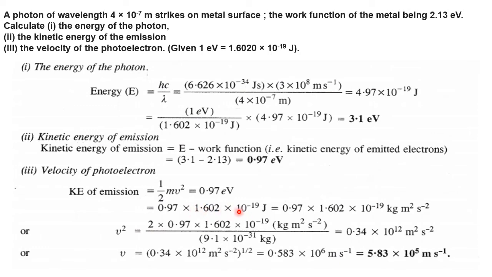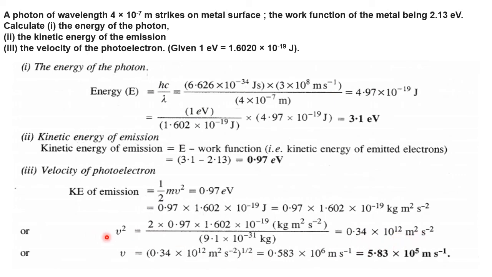Once again I am repeating, 1 joule equal to 1 kilogram meter square per second square. Using that factor, I have done this. So kg gets cancelled here. After simplification, v² equal to 0.34 into 10 to the power 12 meter square per second square.